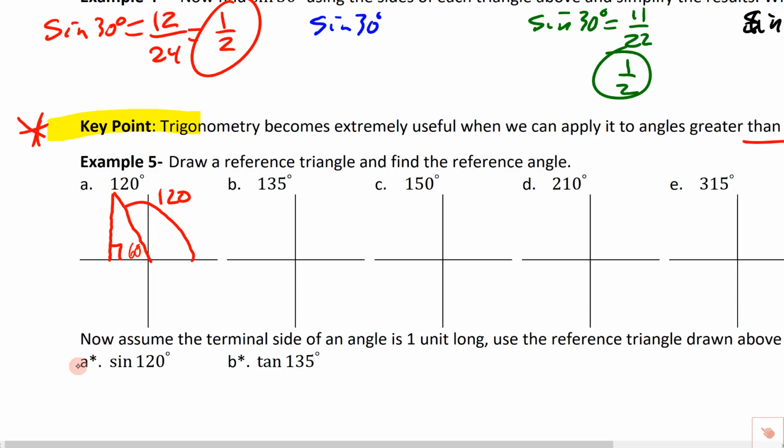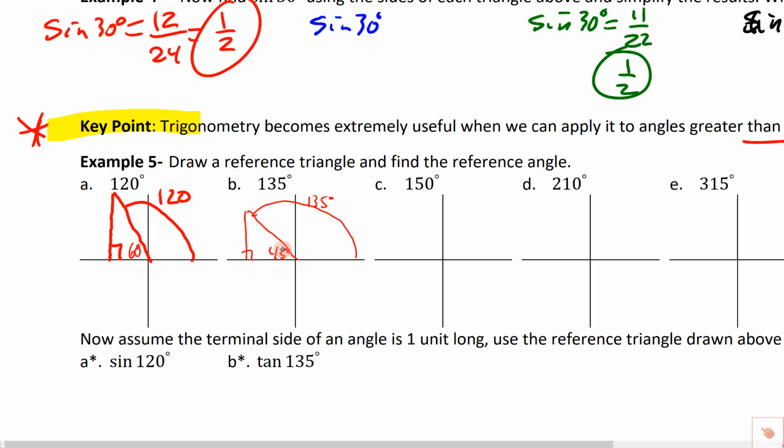So let's do the next one. 135 degrees. So we swing our angle open to 135 degrees. We draw our terminal side right here. We drop a line straight down to the x-axis. And I want to know what the reference angle is. This is the reference triangle. Oh, now Dane's awake. Dane, what is it? 45.